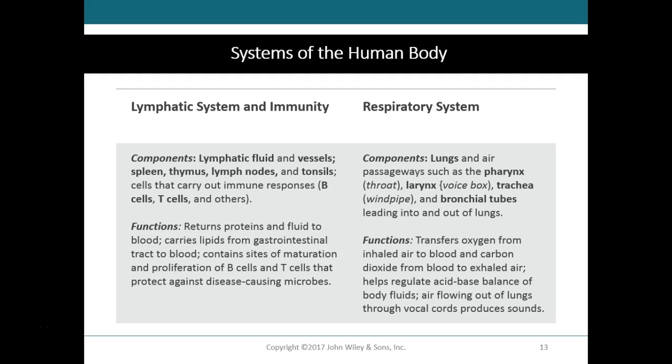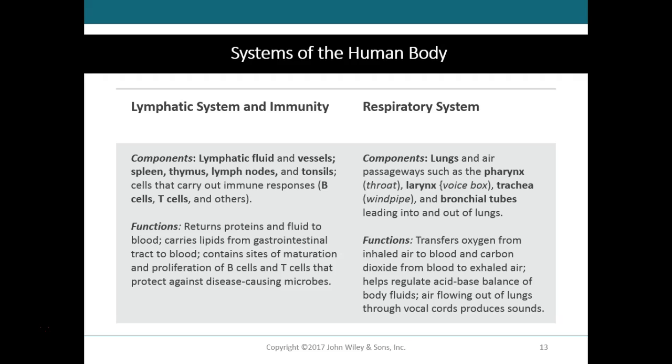The lymphatic system is also coupled with the immune system. So you've got lymphatic fluid known as lymph and the vessels that carry it. The lymphatic system's job is to return fluids from the body back to the cardiovascular system, back into the blood. The spleen, the thymus, the lymph nodes, and the tonsils, their function is basically to protect the body.